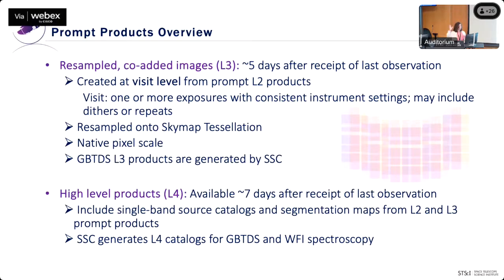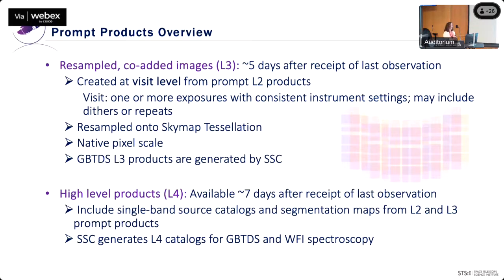They will be resampled on the sky cell tessellation that I talked about before, but they will be at the native pixel scale. One note again is that the galactic bulge time domain prompt products will be created by the SSC.